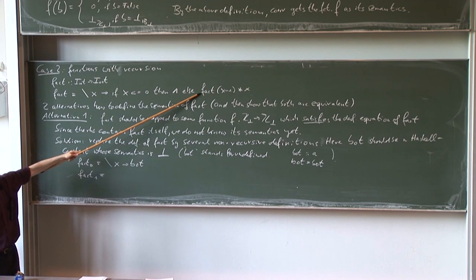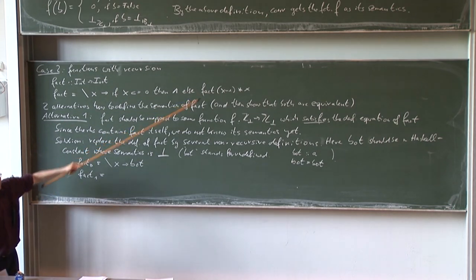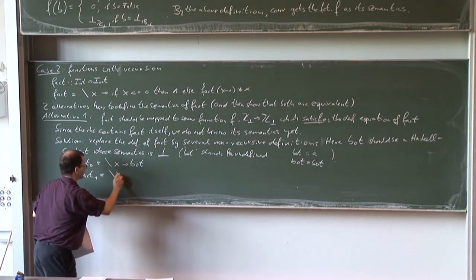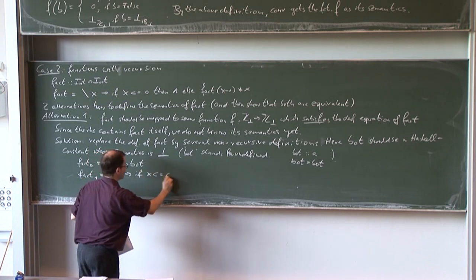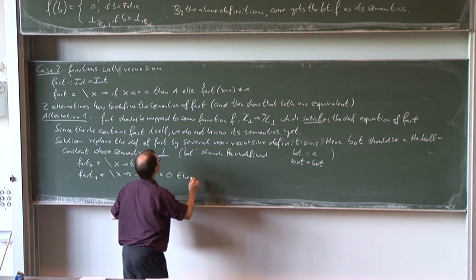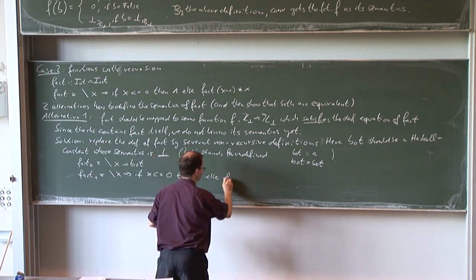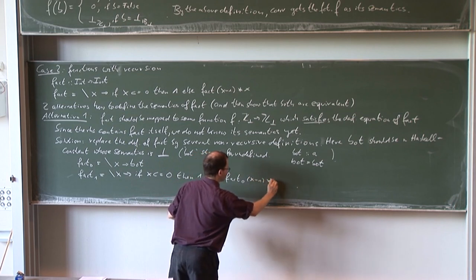So fact1 is defined like fact, but instead of a recursive call, I write fact0. So if x is less than or equal to 0, then I return 1, else I return fact0 of x minus 1 times x.